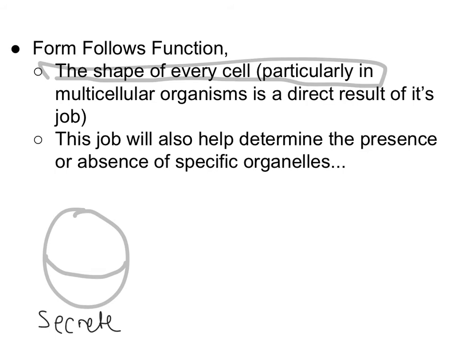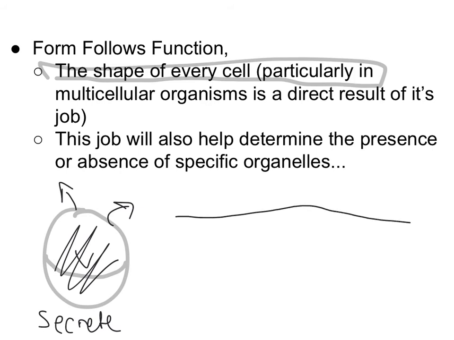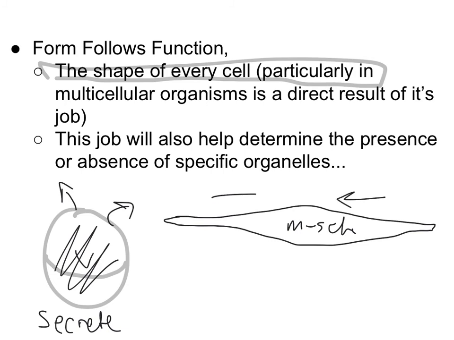They have a large volume and a low surface area, and their job is to push things out. Otherwise, you might see a cell that looks like this. This is actually a muscle cell, and the job of the muscle cell is to contract along a single axis. So that's the function of this particular cell.